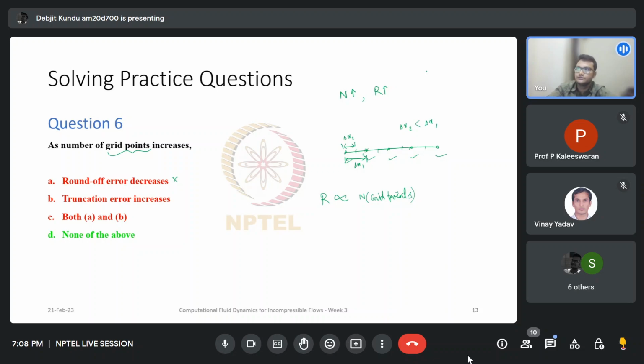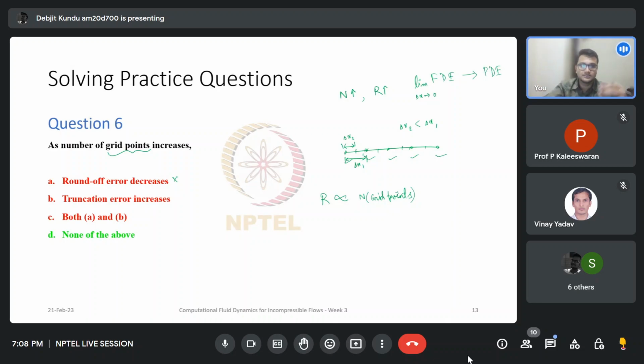And as we saw, in truncation error, what happens? We have some mathematical FDE. I'll write it down explicitly. If we put the limit delta x tends to 0, if it is consistent, then this goes toward the PDE.